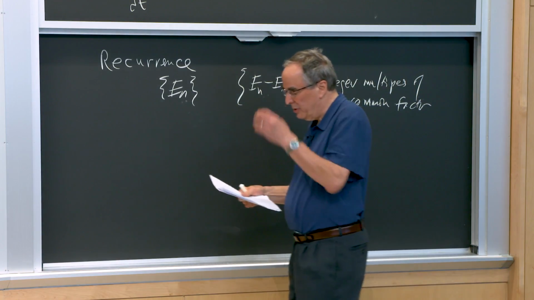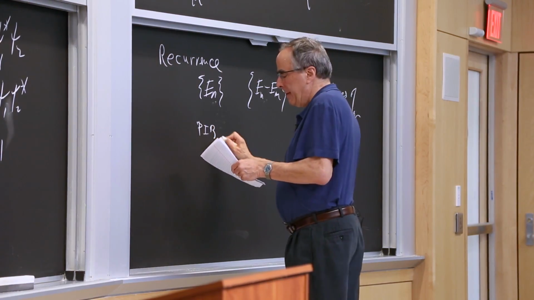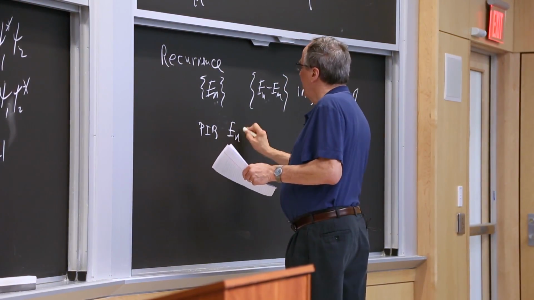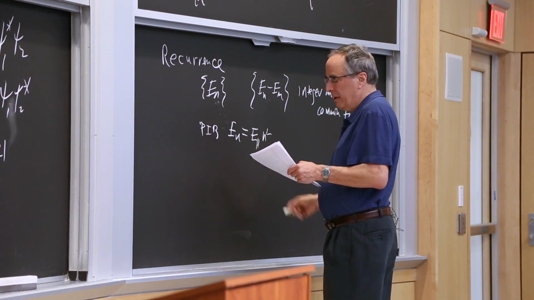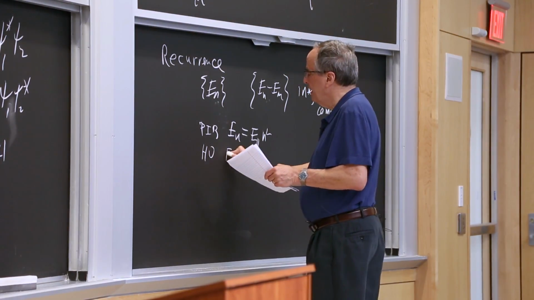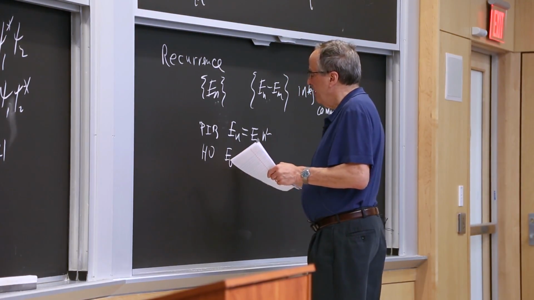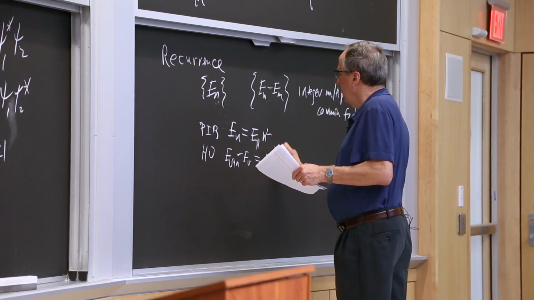And so what we can do is say, okay, for a particle in a box, the energy levels are E1 times n squared. For our harmonic oscillator, the energy level differences E(v+n) minus E(v) are n h bar omega.